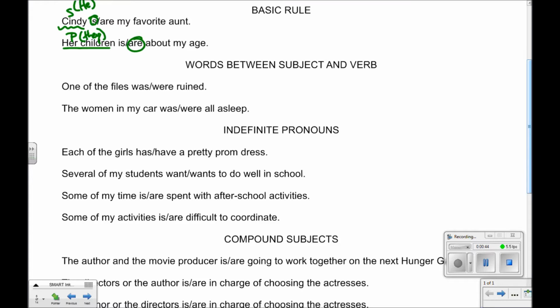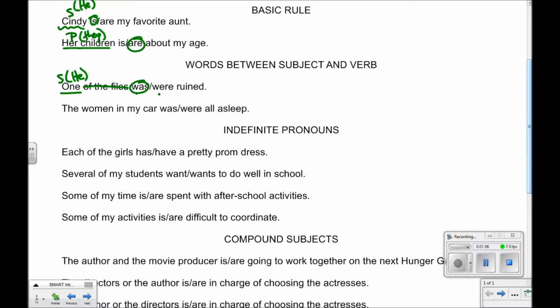With the words between the subject and the verb, I want to make sure that I cross out any prepositional phrase that comes between. One of the files includes a prepositional phrase. So my actual subject of the sentence is one, which is singular, which means I should substitute in the word he. Would I say he was or he were?